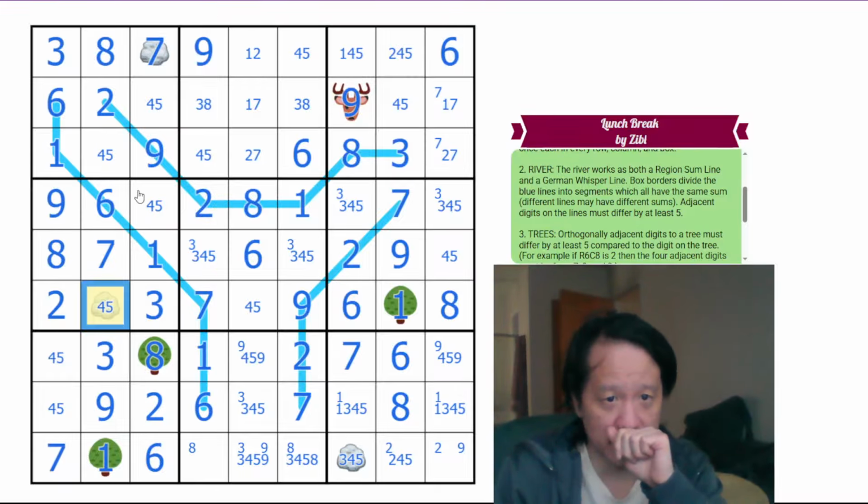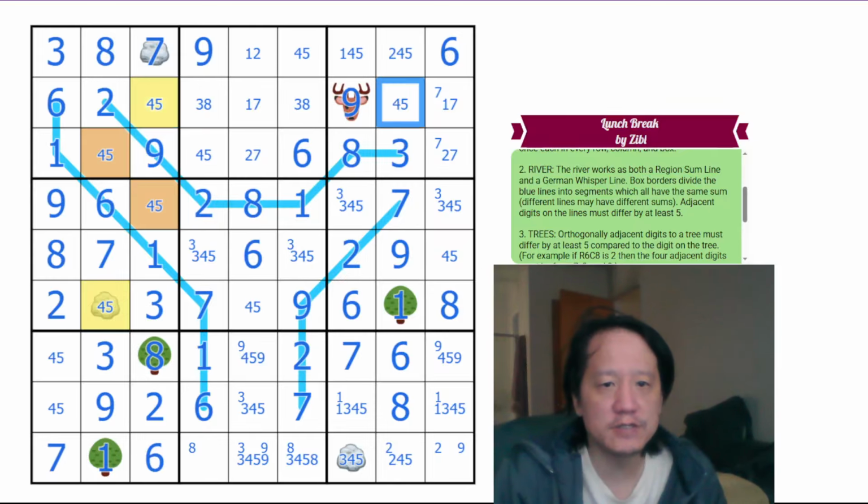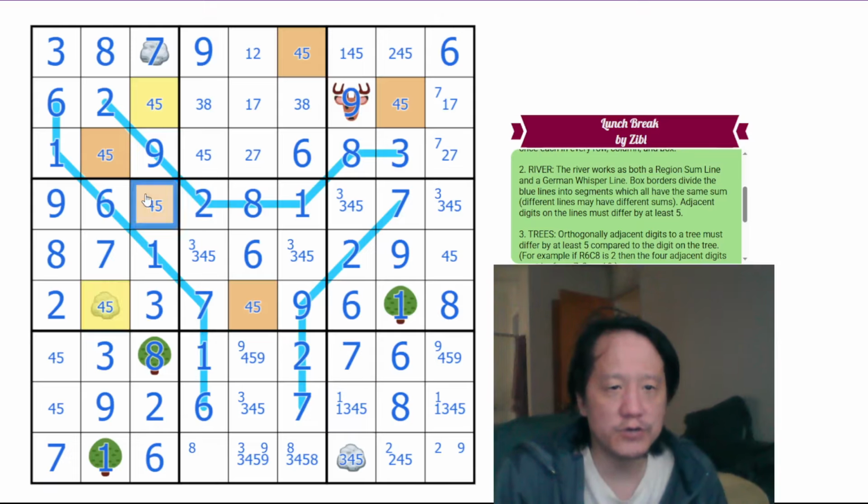We're going to make this yellow and this orange. So this must be the orange 4, 5. This is the yellow 4, 5. That makes this the orange 4, 5, which means that has to be orange 4, 5 here. That makes orange 4, 5 here. Aha! There we go. So this is yellow, which makes this orange, which makes this yellow, which makes that orange.